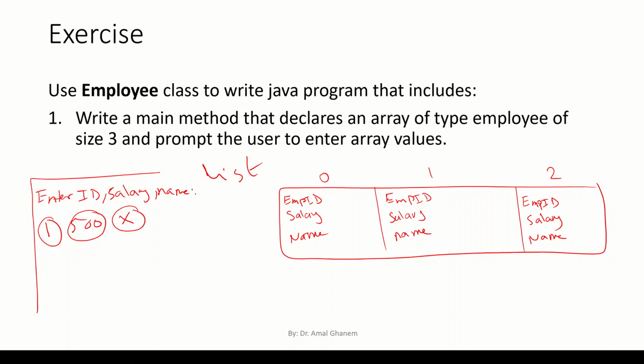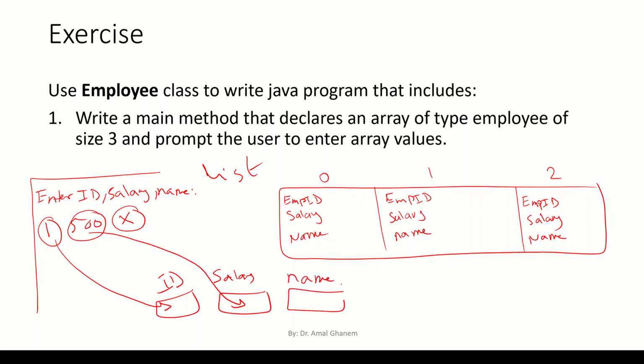And as we mentioned, always we need to create variables. That's why we create a variable called ID, and we have to save 1 in ID. We create a variable called salary, such that 500 will be saved in salary, and we created a third variable called name, that X will be saved in name. Then the next step is I have to take these three variables and I have to save them in location 0 of the array.